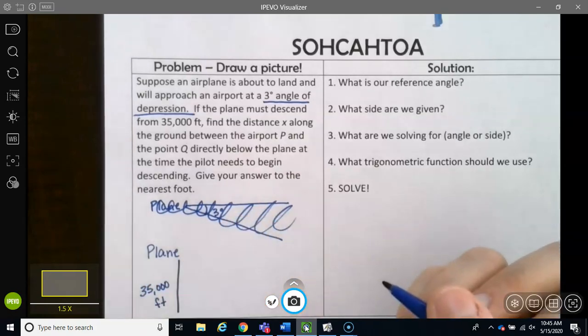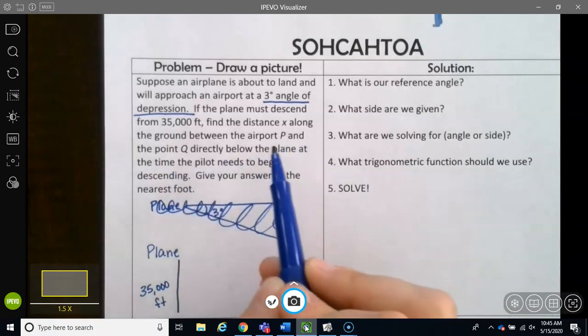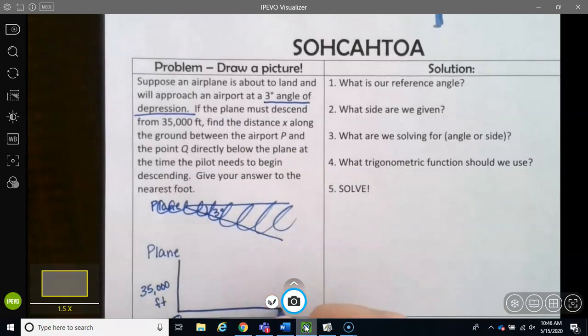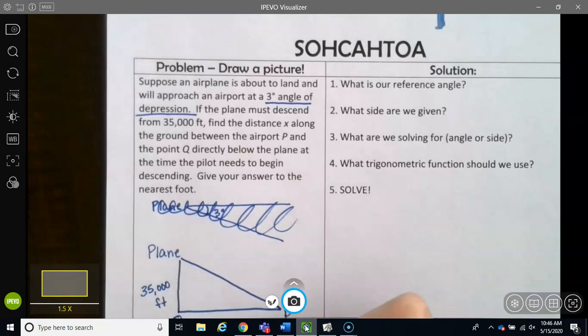Find the distance x along the ground between the airport point P and point Q directly below the plane. So this would be point Q directly below the plane. The plane's coming in down to the airport, and we're using point P for the airport.